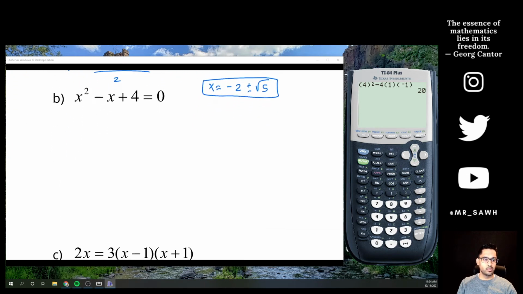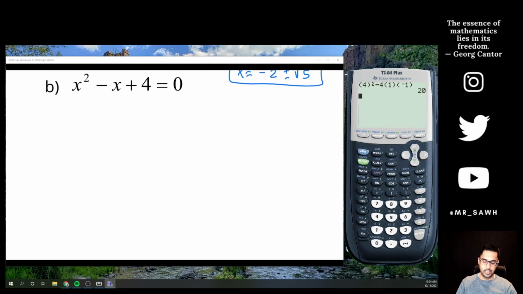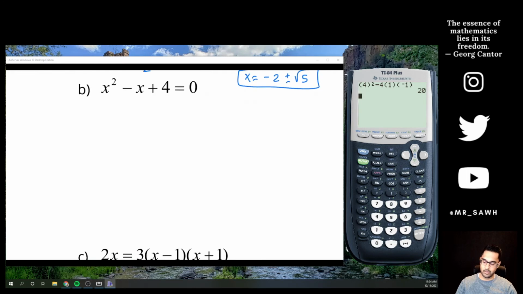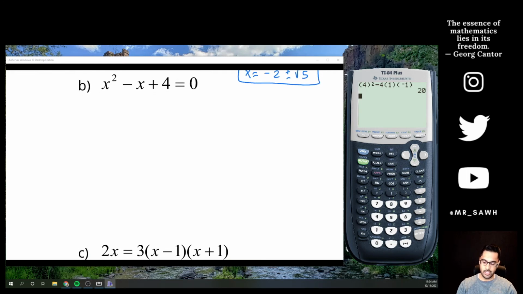Okay, we'll try B as well. But really, nothing's different. So find out those 3 numbers again of A, B, and C. So A is 1, B is negative 1, C is 4. Okay, so x equals negative b plus or minus the square root of b squared minus 4ac, whole thing over 2a.